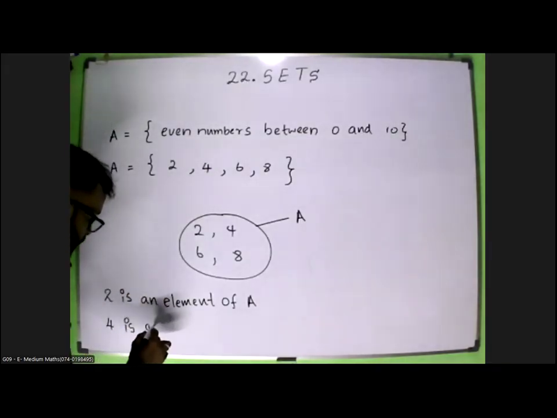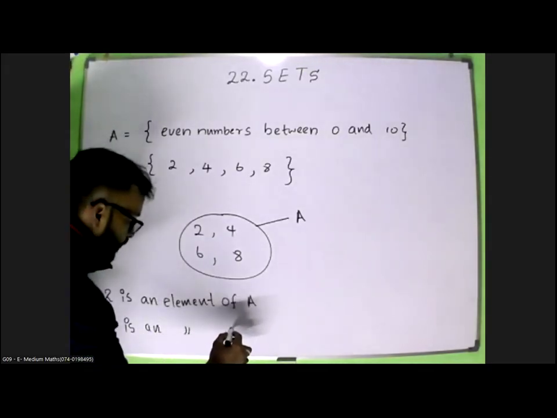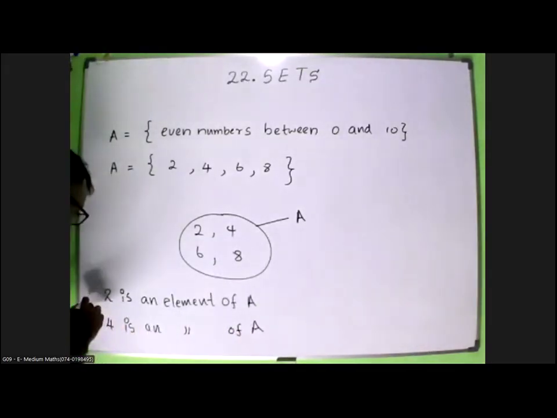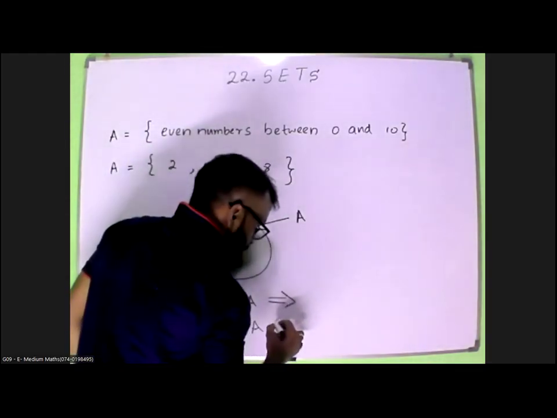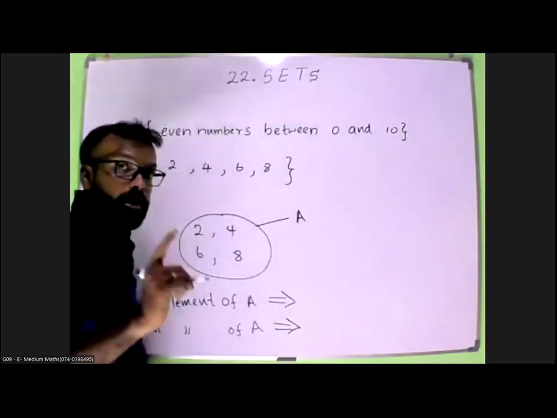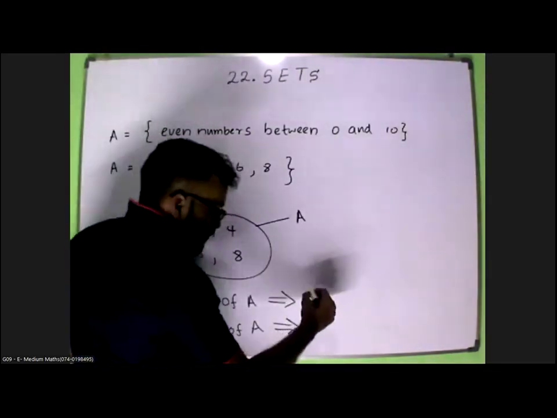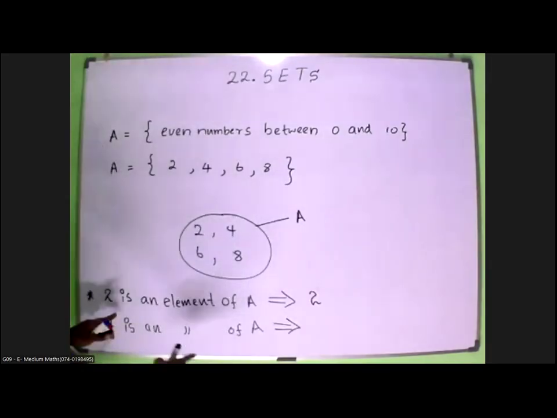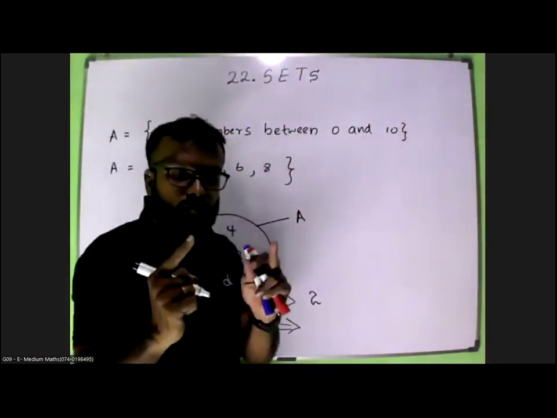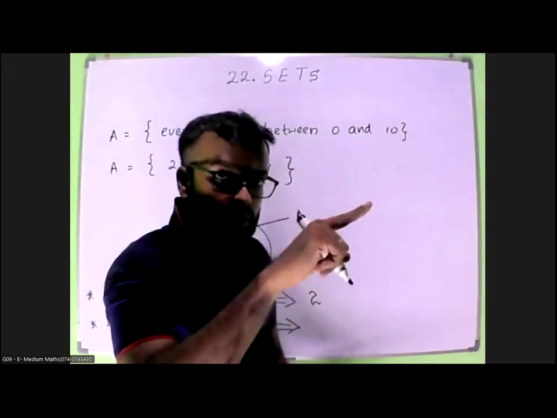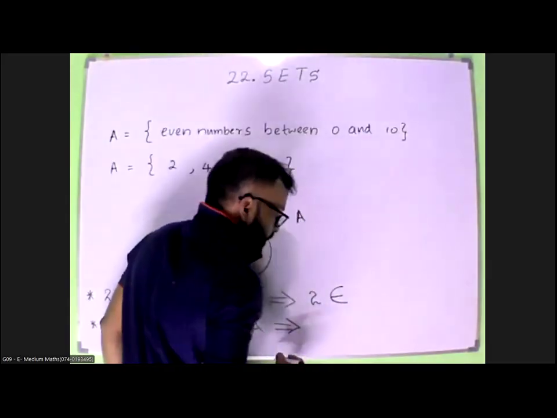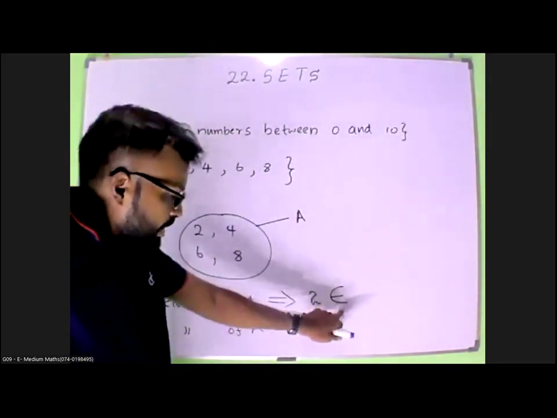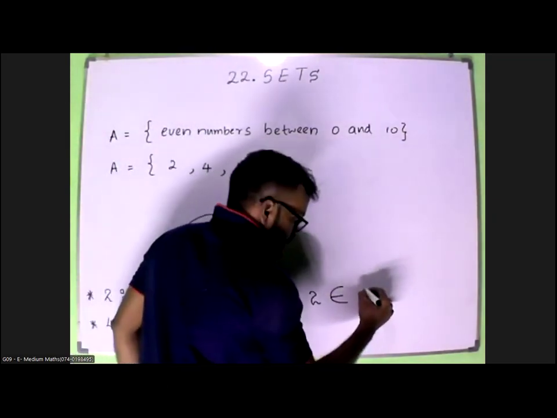Instead of writing 'is an element of', I can write down the Greek letter, this one, which means element. 2 is an element of A. Very easy.